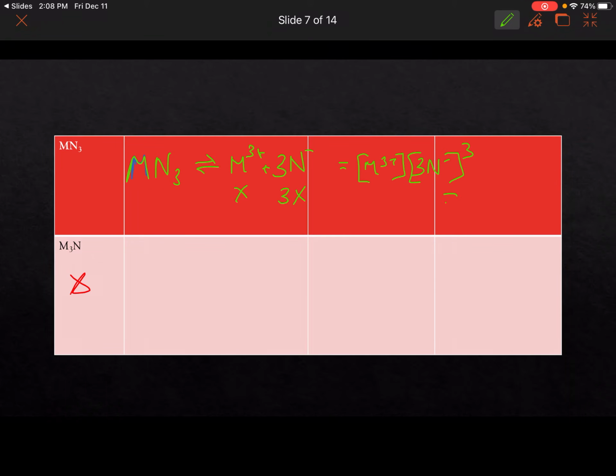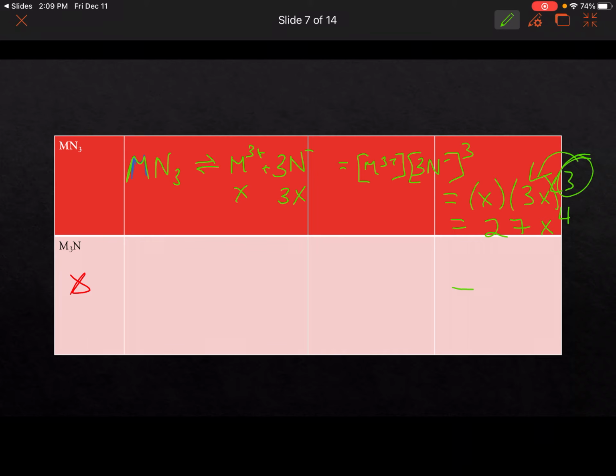So now if we put in the X for this, it's going to be X multiplied by 3X cubed. So if we work out the math on that, we end up with 27 times X to the 4th, okay? Because remember that cube applies to both expressions here, right? So 3 times 3 times 3 and X cubed.